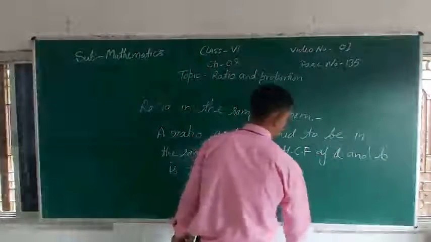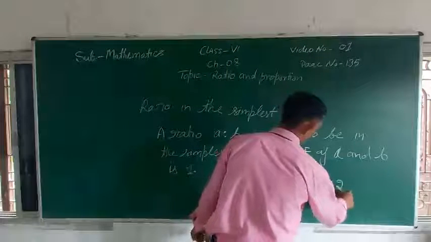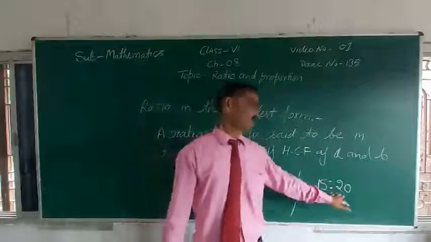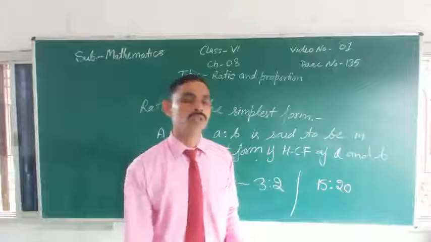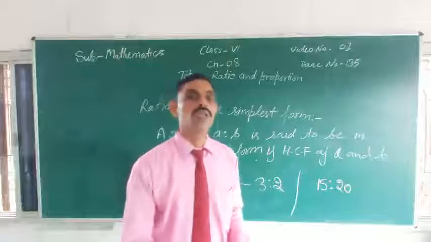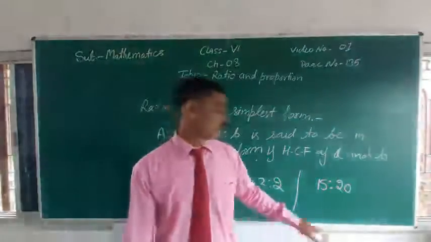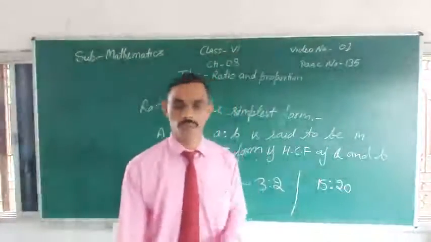If I write 15:20, it is not in simplest form because the HCF of 15 and 20 is 5.